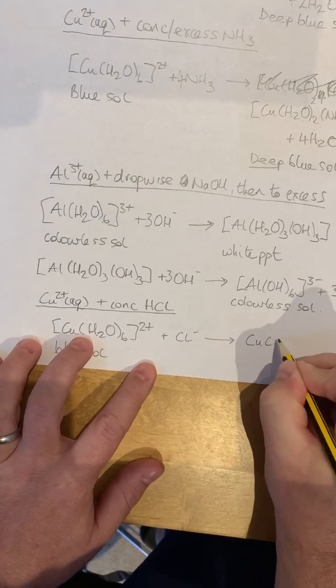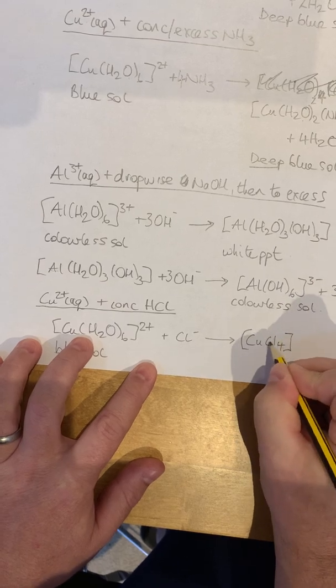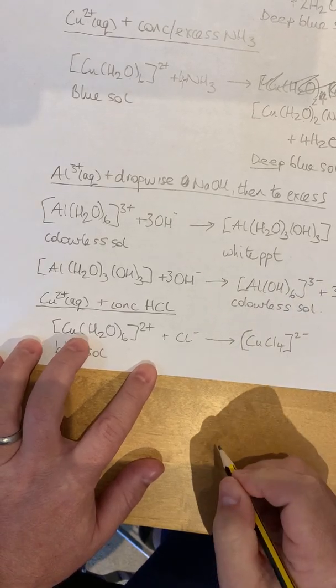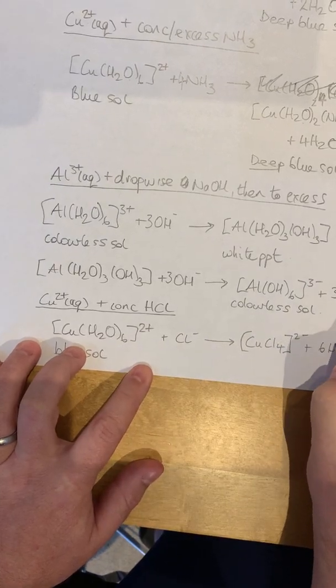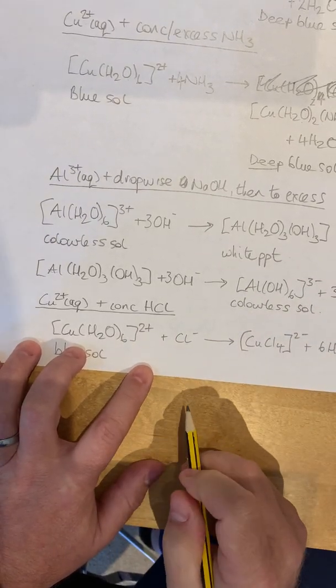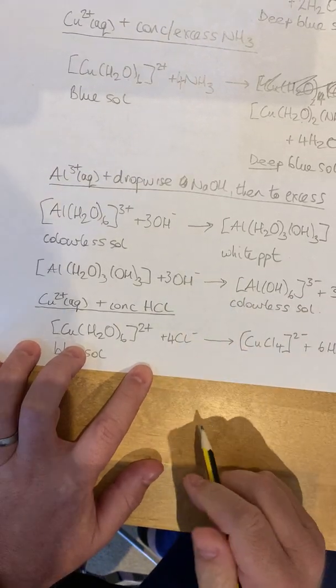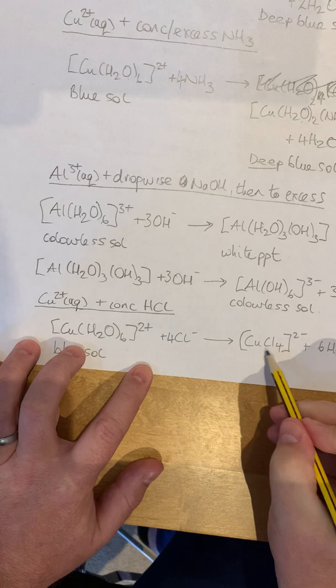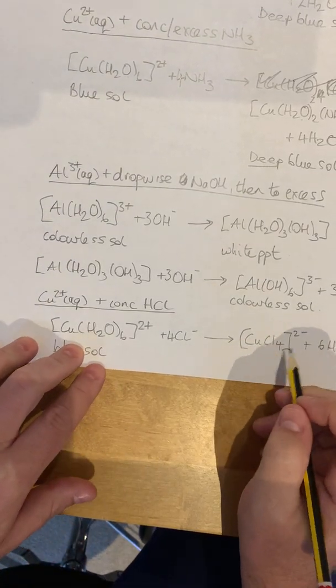So CuCl4, 2+, 4- is there, so it's 2-. We've kicked out 6 waters. And then we need 4 Cl-. You don't need to put the Cl in brackets because there's only one element there. Doesn't make a difference if you do, in all honesty.